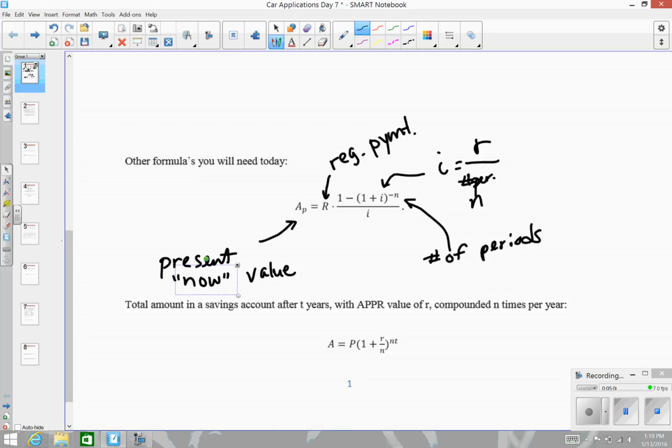Same as we calculated in the warm-up. So that's one formula, a new formula that we'll be using also today. If you see a word problem that talks about present value, you want to use this formula.